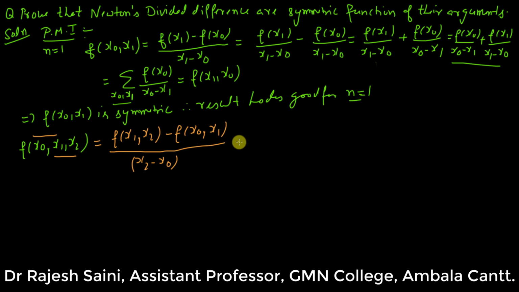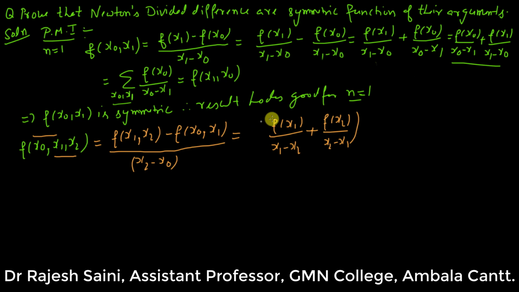Fine. This is further equal to, now from the above result, x1 and x2 are in cyclic order, so it can be written as f of x1 divided by x1 minus x2 plus f of x2 divided by first x2 then x1.